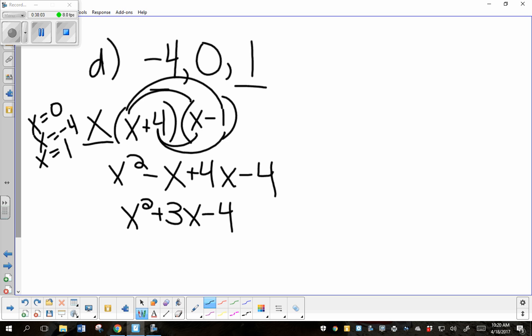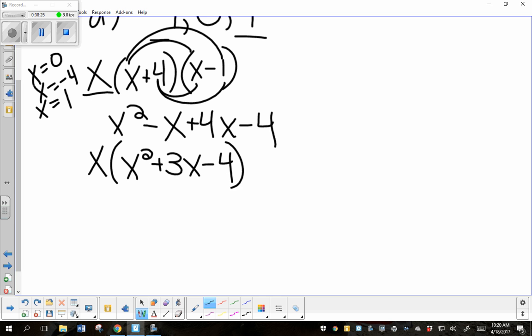So if we just stick an x on the outside, that factor will be equal to 0 if we set it equal to 0. So that means we just need to multiply all of this by a factor of x. Because we would take each separate factor and set it equal to 0.